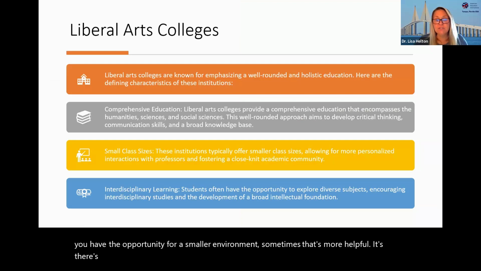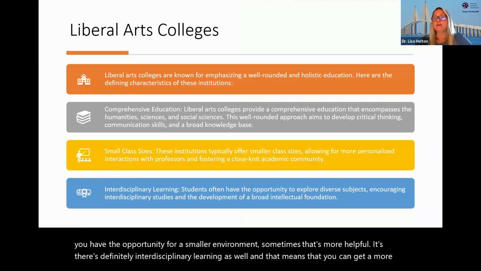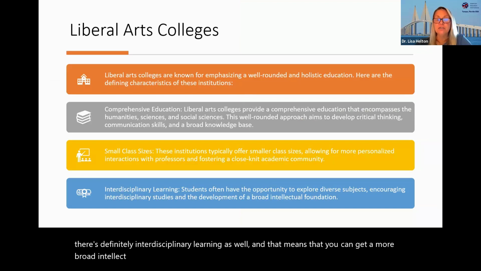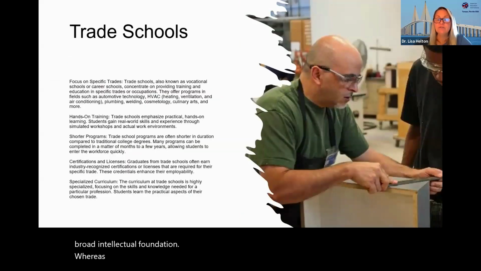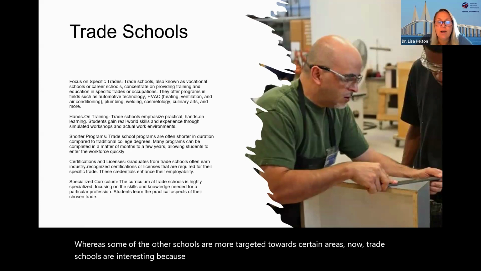There's definitely interdisciplinary learning as well. And that means that you can get a more broad intellectual foundation, whereas some of the other schools are more targeted towards certain areas.